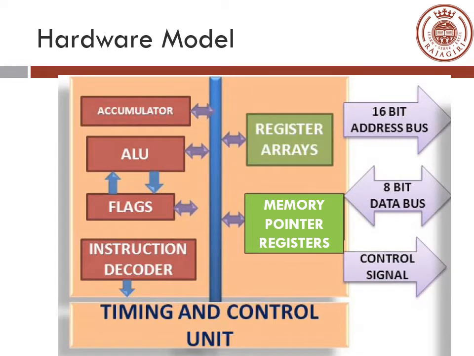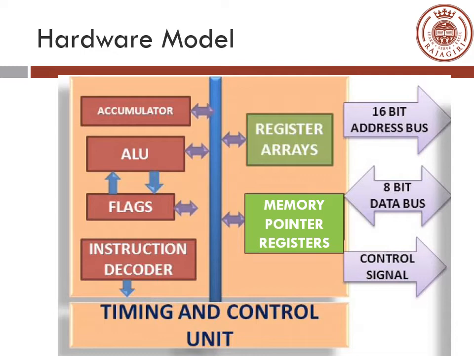Now you will see the hardware model of 8085. This is just a hardware model. In this hardware model you can see you are having the accumulator, and you are having the ALU. Associated with the ALU you are having the flag register, and you are having the instruction decoder which is used to decode the instruction.